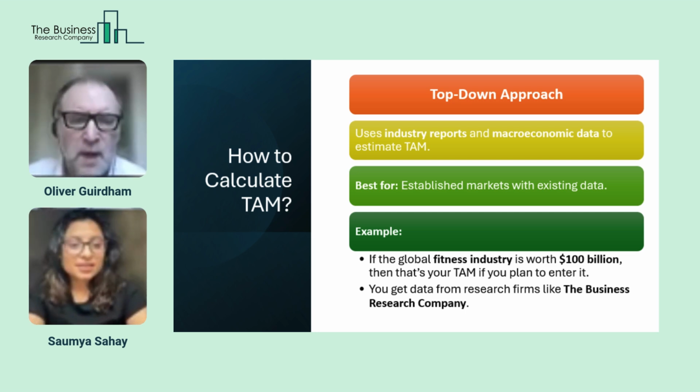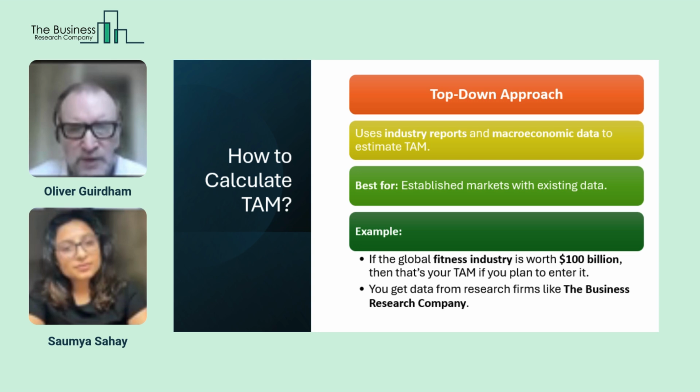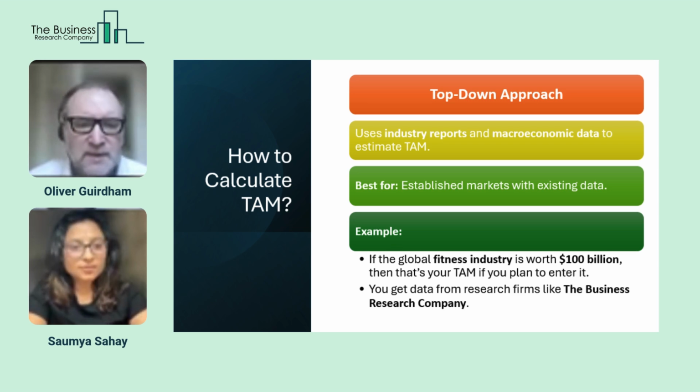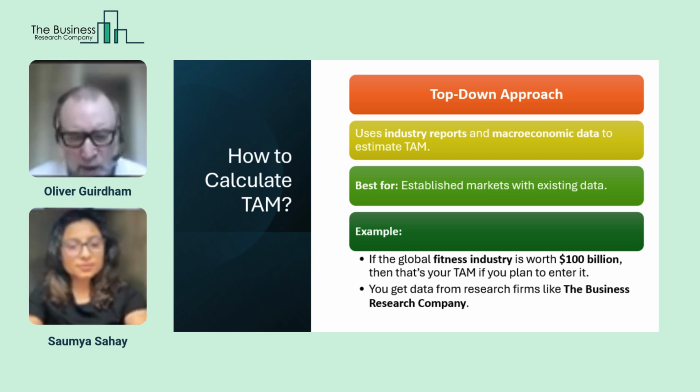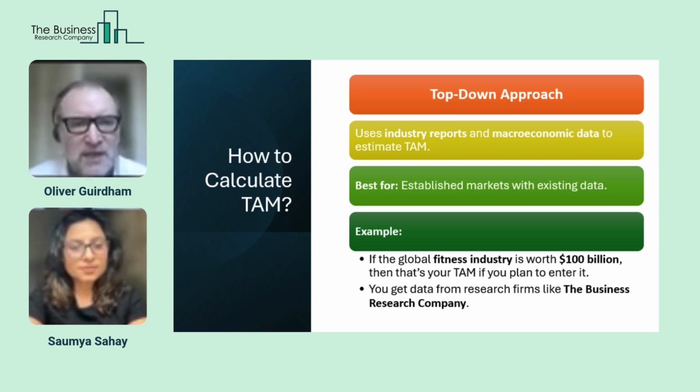Can I just add something there, Soumya? Yeah, I think there are some restrictions on this way of looking at TAM, and this is probably not the way that we normally look at it. We would regard this as basically the current market size, the market sizing. And it's a bit restricted because you're not looking beyond what the market has achieved at the moment.